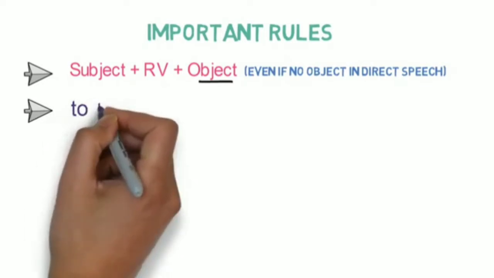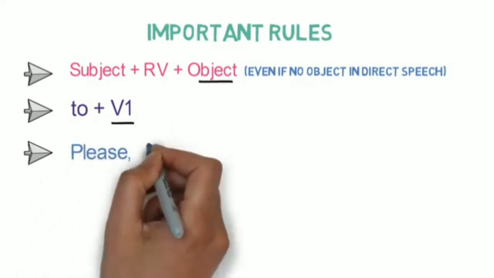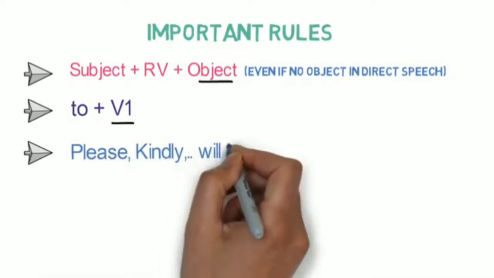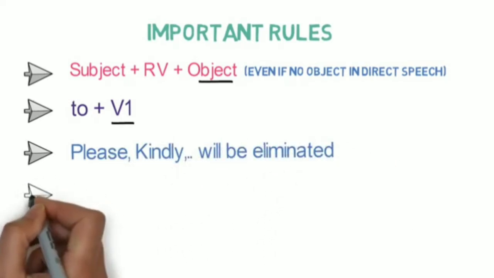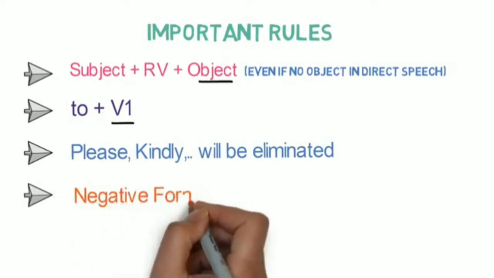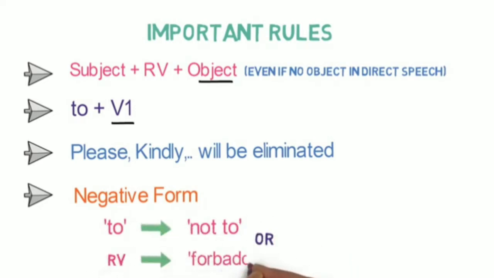After the conjunction to, the main verb will come always in verb's first form. Number 3. Imperative words like please, kindly will be eliminated. And number 4. If the imperative sentence is in negative form, either convert to not to, or we use forbade in reporting verb.